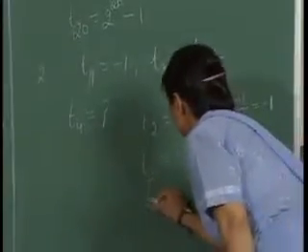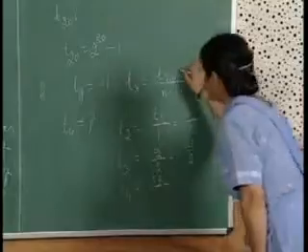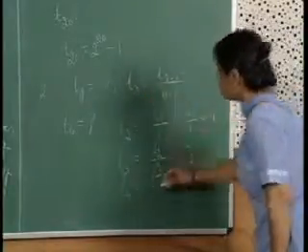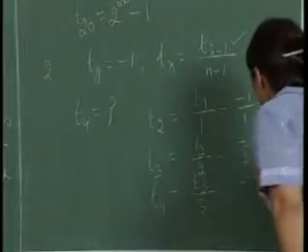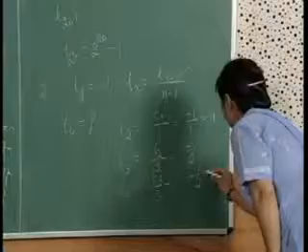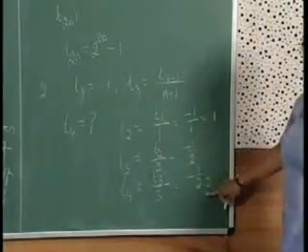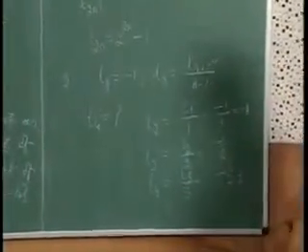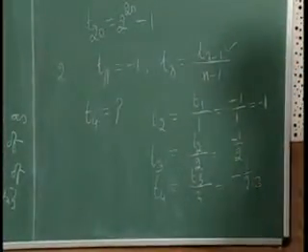And T4, I will again get from the same formula by substituting n is equal to 4. I get minus 1 by 2 divided by 3, so it is minus 1 by 3 factorial. So this is how, given a recurrence formula, we can find the nth term.